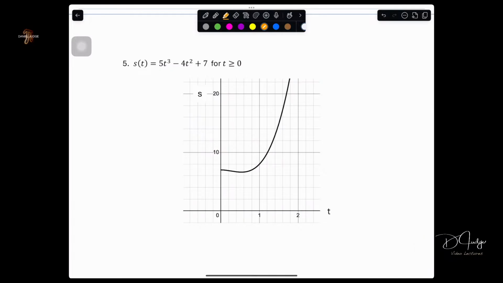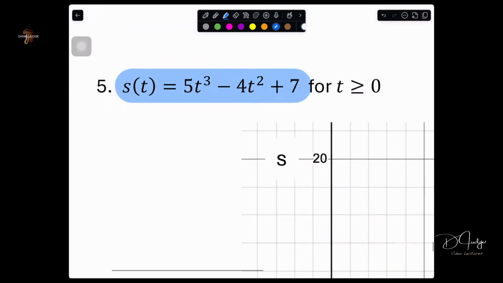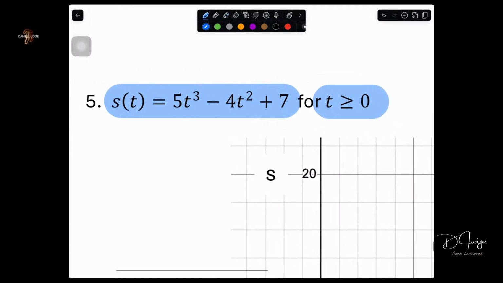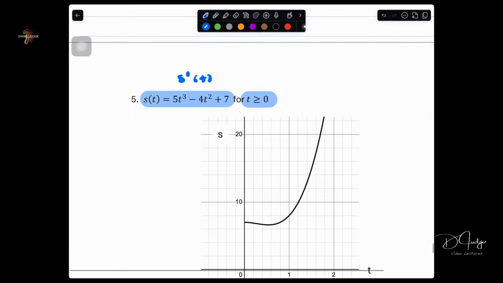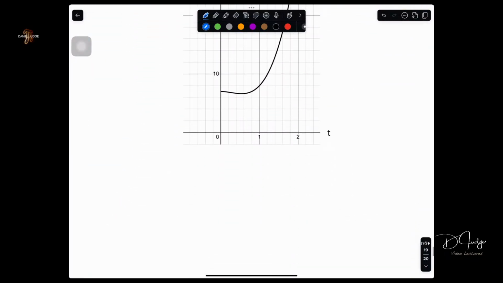We're going to repeat the process for number 5 here. We're going to look at sign analysis on the first derivative, which is the derivative of the position function, s of t. S of t here is 5t cubed minus 4t squared plus 7 for t values greater than or equal to 0. So we need that derivative again, which is your velocity, s prime t. So let's go through this process.